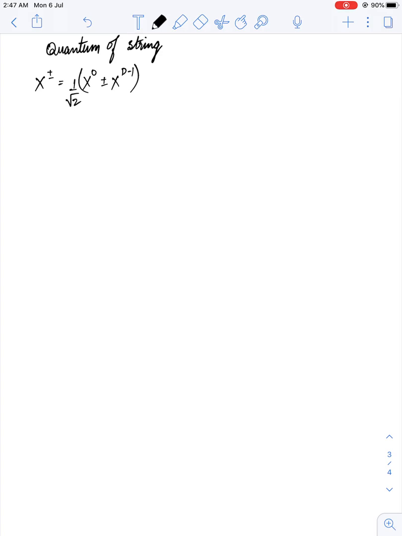Then what we do is we solve the equation of motion of the string. The equation of motion of the string is solved in the following way.